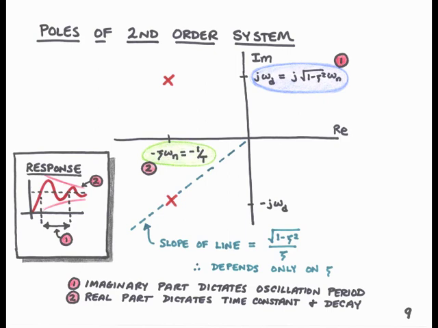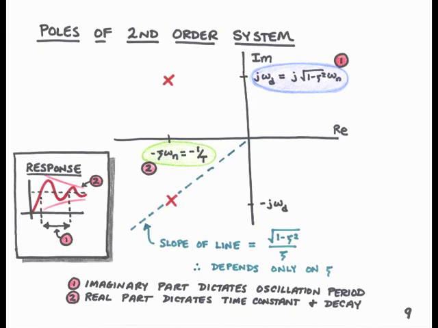Let us start our discussion of these relationships. First, we'll note that the period of oscillation is related to omega d, and omega d is the imaginary part of the complex conjugate poles. Next, I'll point out that the rate of decay of the transient is related to the time constant. We found that minus zeta omega n was equal to minus 1 over t.